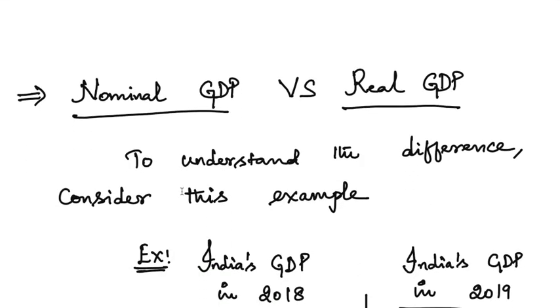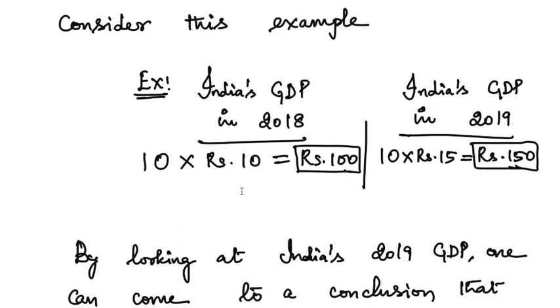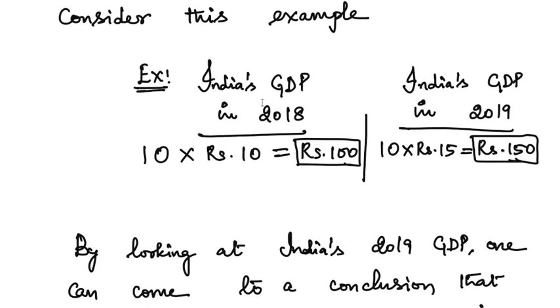What you also have to understand is the difference between nominal GDP and real GDP. Just to understand the difference, consider the following example. It's just an example. This is India's GDP in 2018 and India's GDP in 2019. The country is producing, for example, 10 products, and the price of each product is 10 rupees.